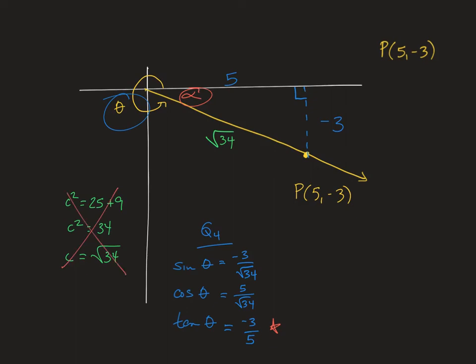And so if you made a mistake finding the value of the hypotenuse, you wouldn't compound your mistake by using an incorrect value. You can get your tan directly from the coordinates of your point. Your tan ratio is actually always your opposite, so your y coordinate, over your adjacent, your x coordinate.